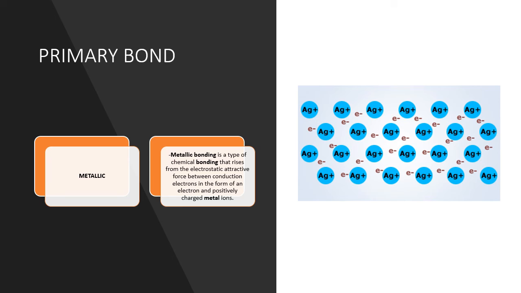It may be described as the sharing of free electrons among a structure of positively charged ions. As we can see in the picture here, there are positively charged ions for the silver, and there's a sea of electrons around it, or it can be referred to as a cloud of electrons.